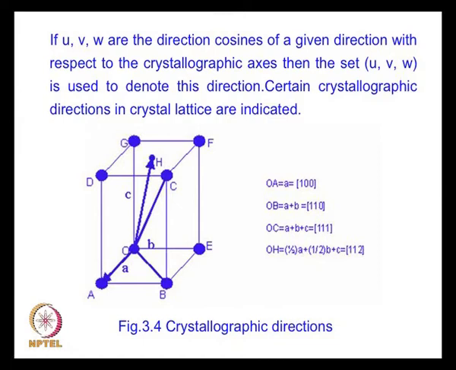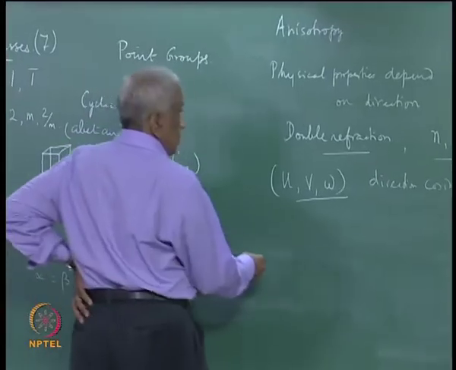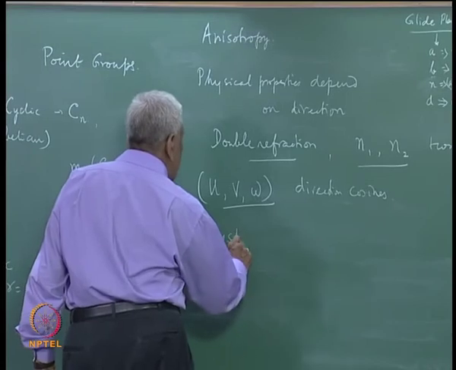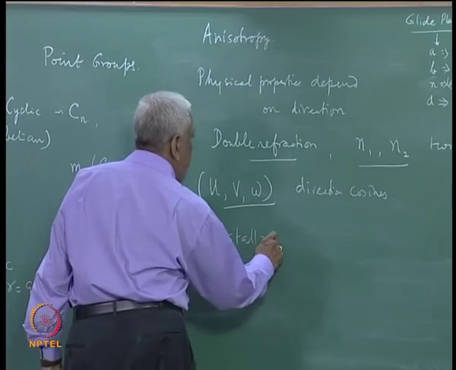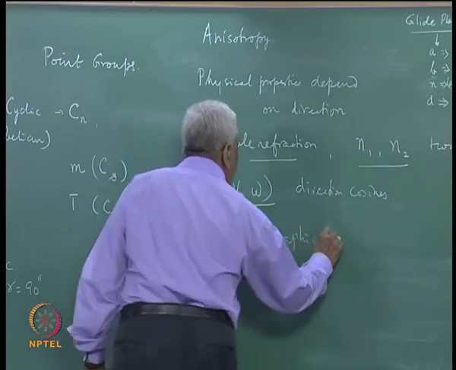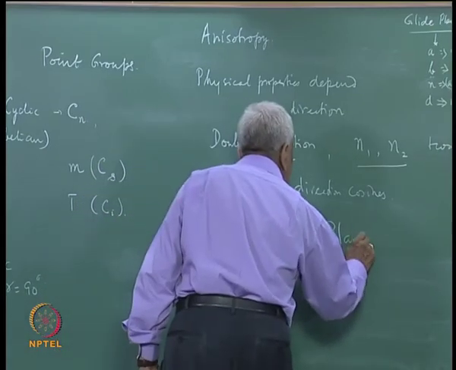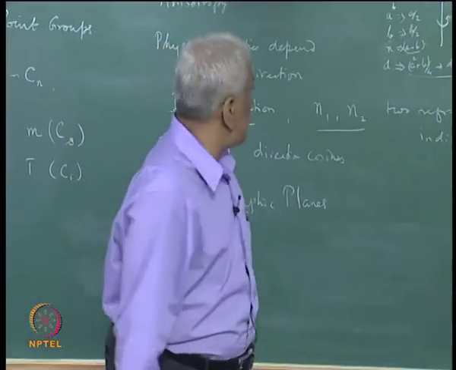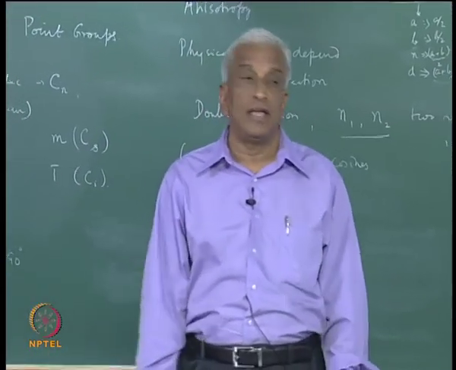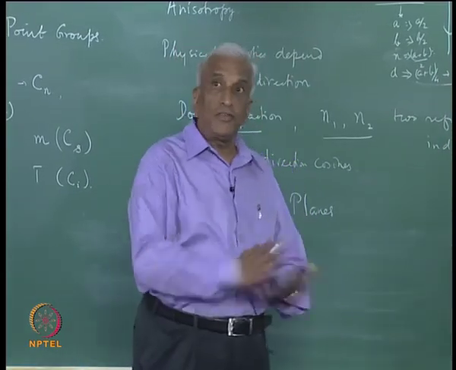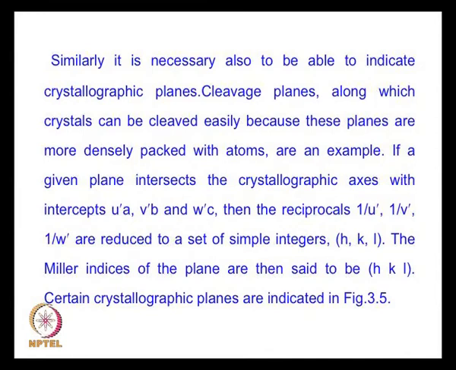We also need to describe in some standard way the different crystallographic planes. How do we do that? For example, cleavage planes, if you take a solid and try to cut it, it gets broken more readily along certain specific directions.